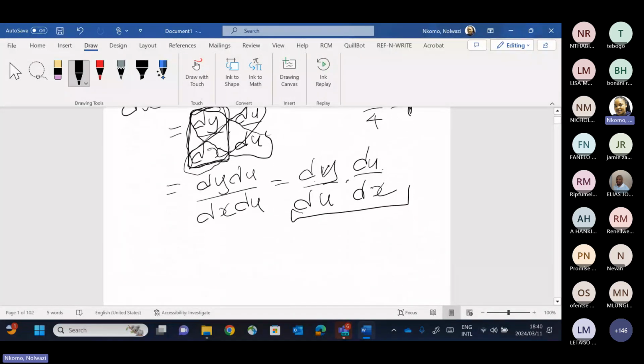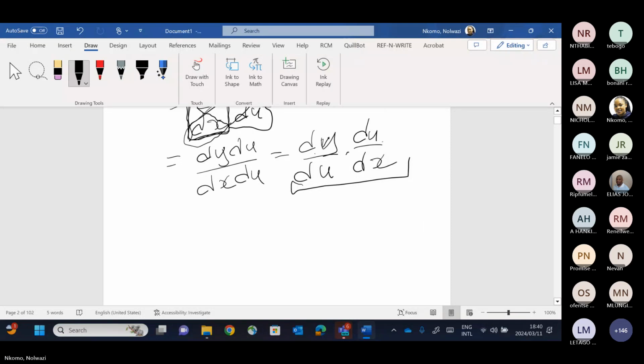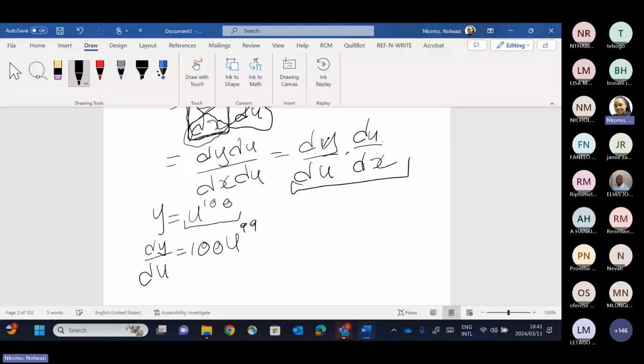We said y is equal to u to the power 100. Here we can differentiate y with respect to u. If we differentiate y with respect to u, we use rule 1, the power rule. We'll have 100 u to the power 99, because you subtract 1.